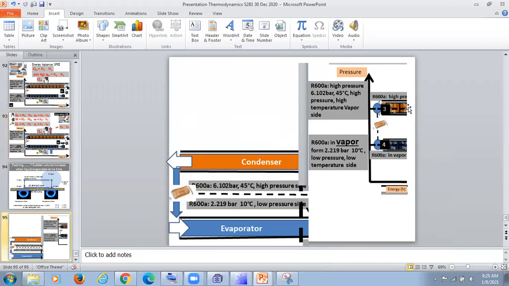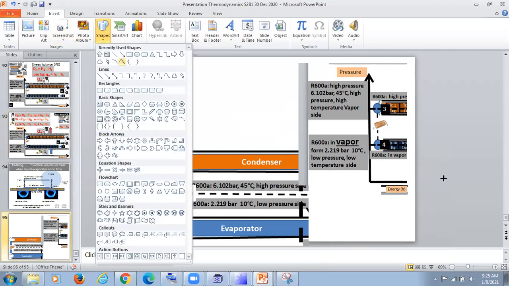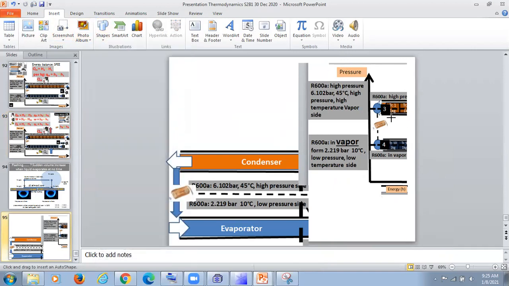For loading and unloading, here is the return ready component and the refrigerant or transport, and this is the direction it is flowing. And here you can see the direction.